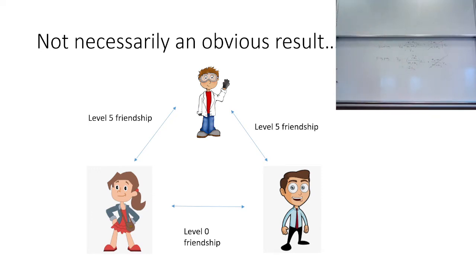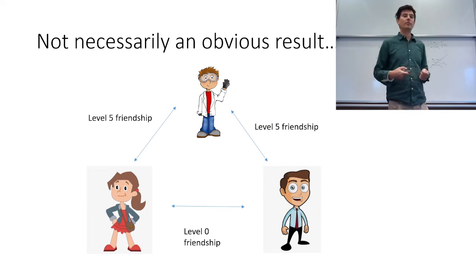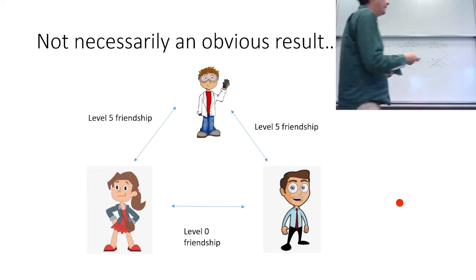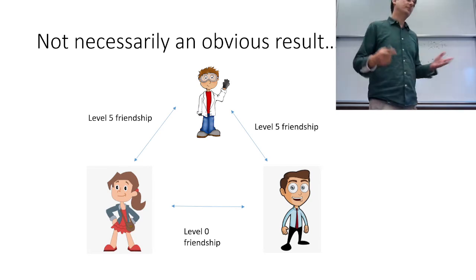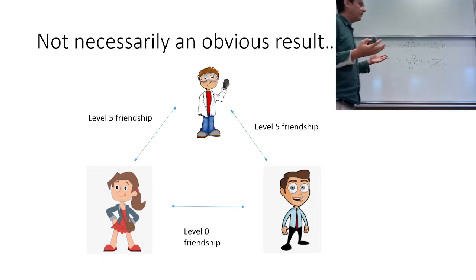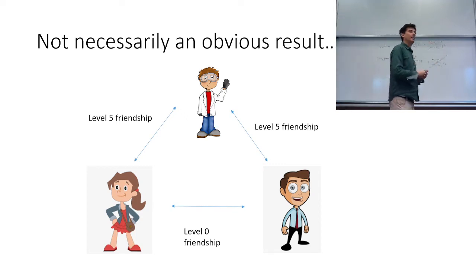So this guy would perceive this person to be a very nice person, and would give them a score of 5 out of 5 for friendship level. He would also think that this is a very nice person, and give them a score of 5 out of 5, but that doesn't necessarily mean that these two are going to get along or give a score of 5 out of 5 at all.